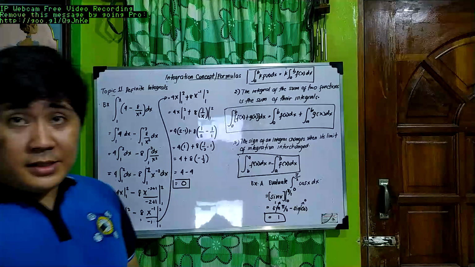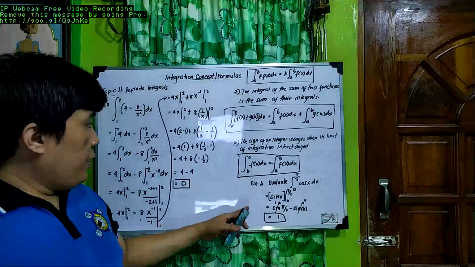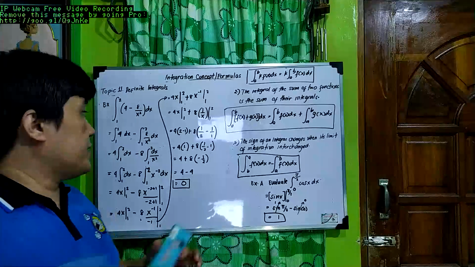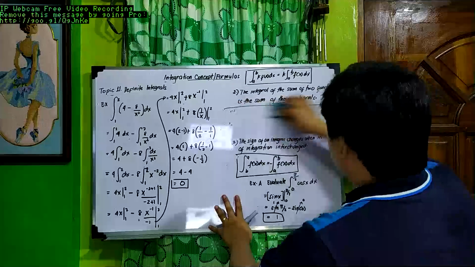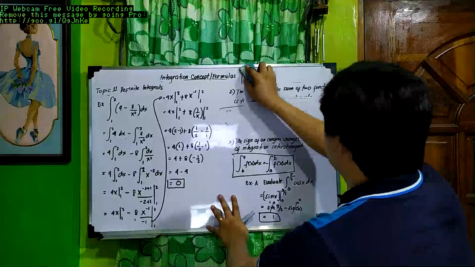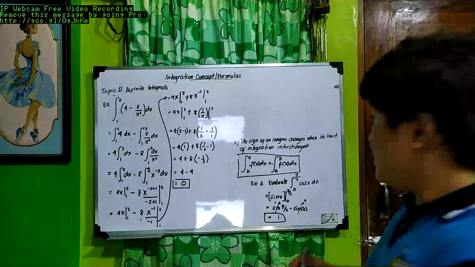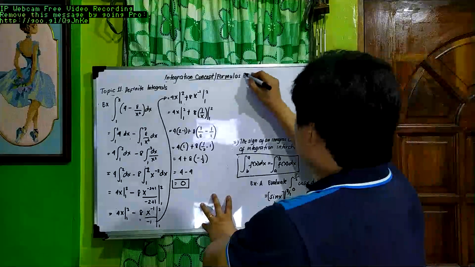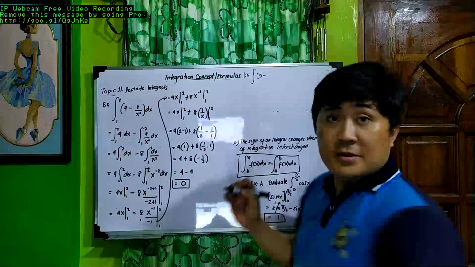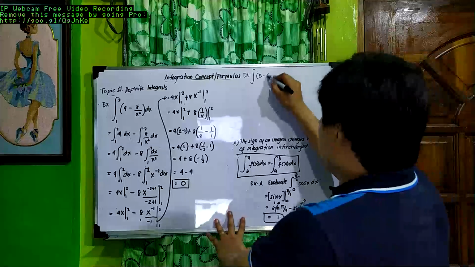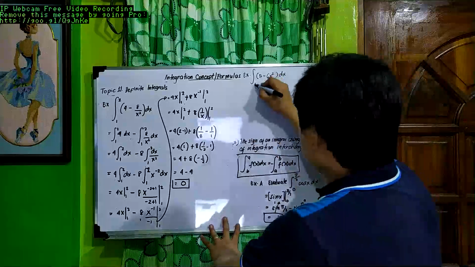Next, let me erase this one so that we'll have room for our next problem, or next property, which is the third property, the interchanging of the limits. So let's say another example, which is the integral of 5 minus 6x squared dx, limits from 1 to 0.